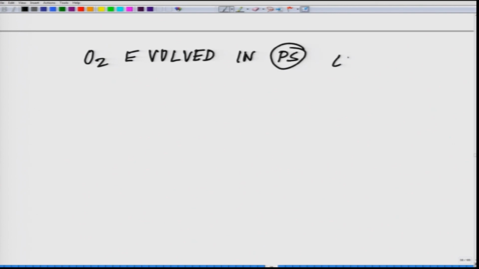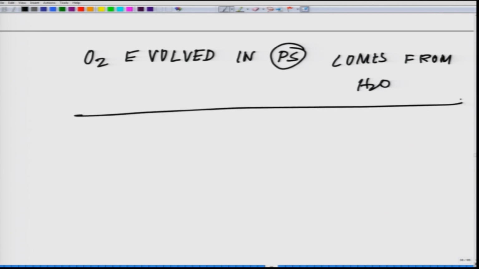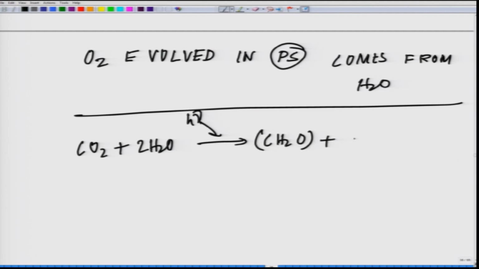The second aspect is that the oxygen evolved in photosynthesis comes from water. This is the second concept. If I put the two equations side by side: CO2 plus 2H2O, where light is falling, gives CH2O, which is your carbohydrate, plus oxygen plus H2O.